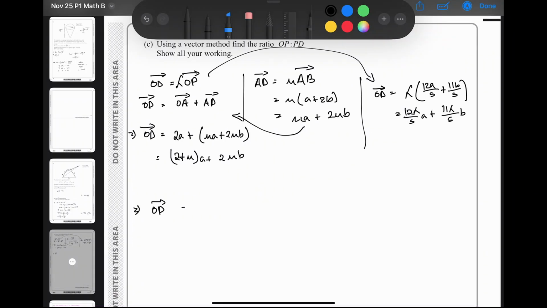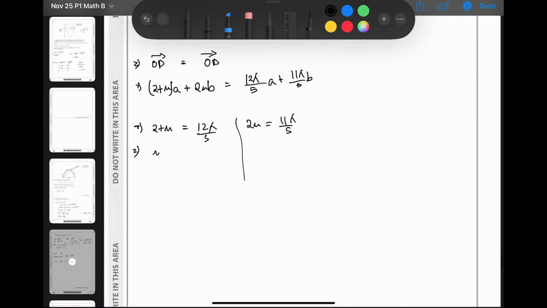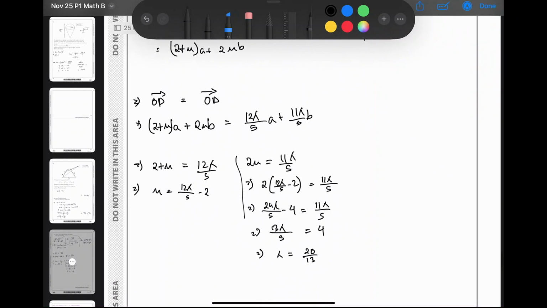Now we equalize them, A with A and B with B. We get lambda as 20 over 13.